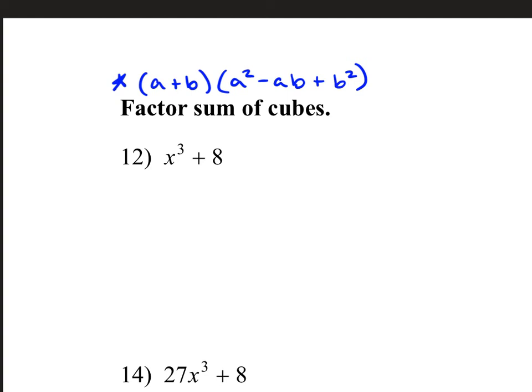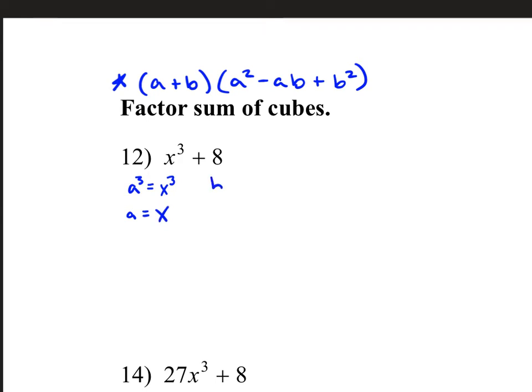So now we need to figure out what our a is and what our b is. So if a cubed is equal to our first term, which is x cubed, what's a equal to? X. Awesome.